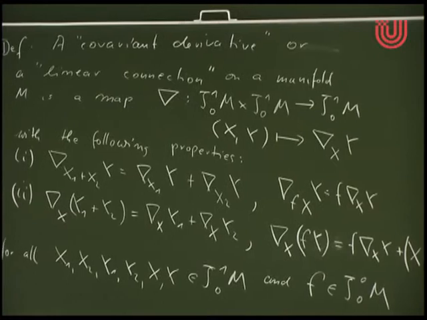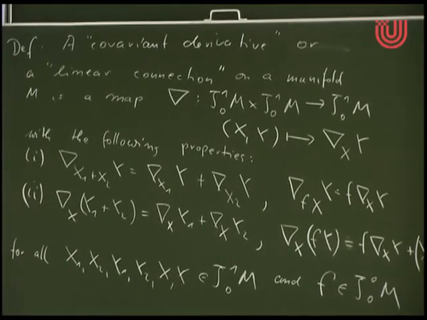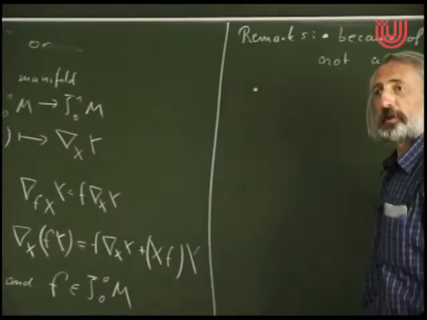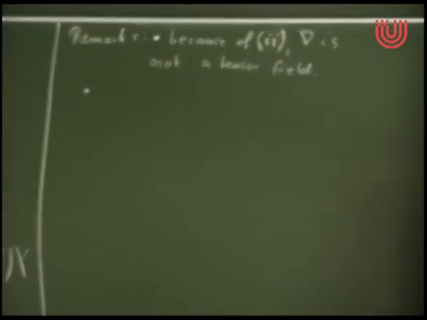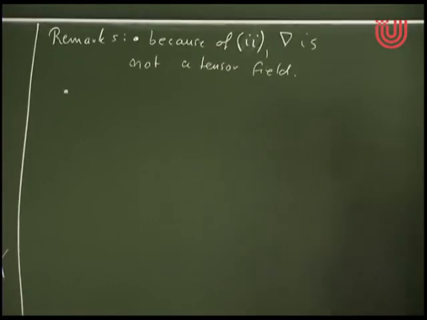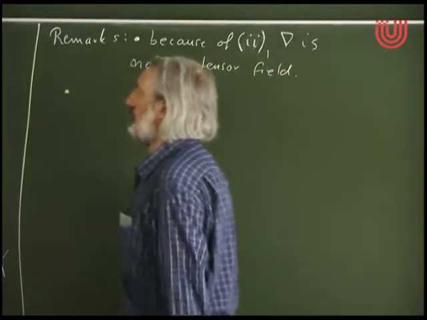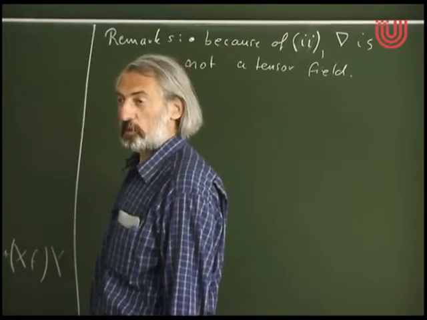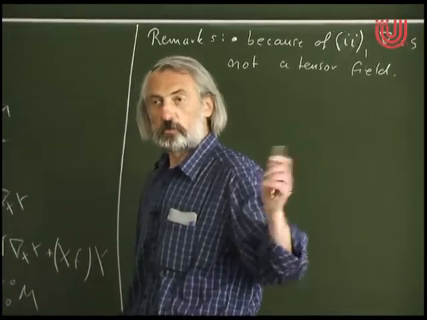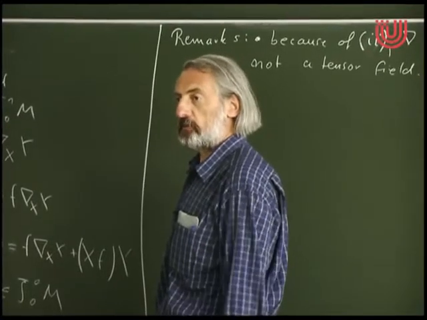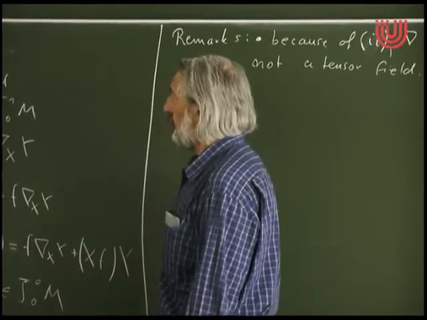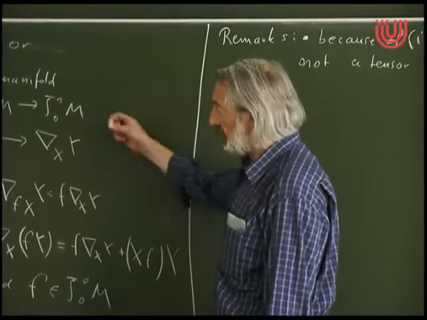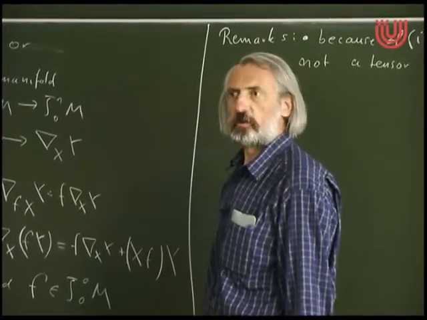The question is, does such an extra structure exist on any manifold? Just for those of you who are interested in mathematical subtleties, I want to mention that one can prove that they do exist. And for this existence proof, these topological requirements, A1 and A2, which we usually include in the definition of a manifold, are essential. So if you have a manifold which is not Hausdorff, or which is not second countable, then it might happen that such an object does not exist.